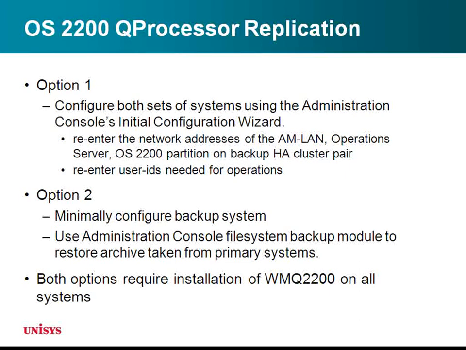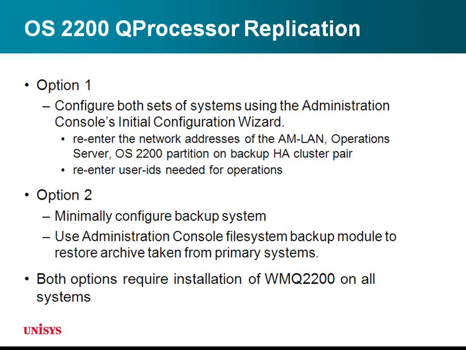If you're using HA, the HA cluster would also have to be configured manually. The user IDs, if you use OAM security, would need to be entered on the two sets of HA clusters. The second option you can use is to minimally configure the backup system and then use the Administration Console Filesystem Backup module to restore the archive taken from the primary systems.